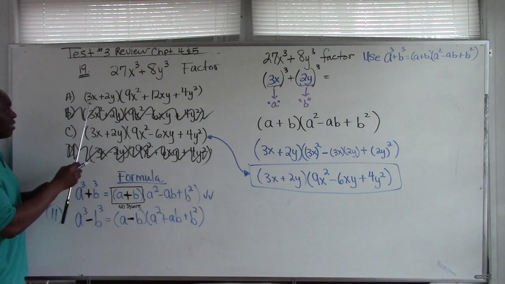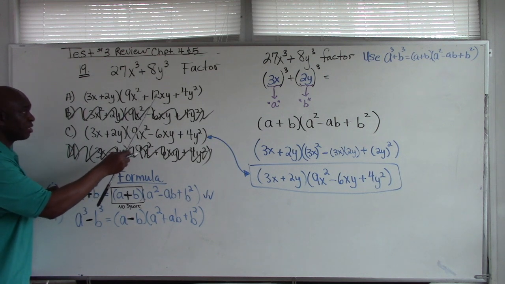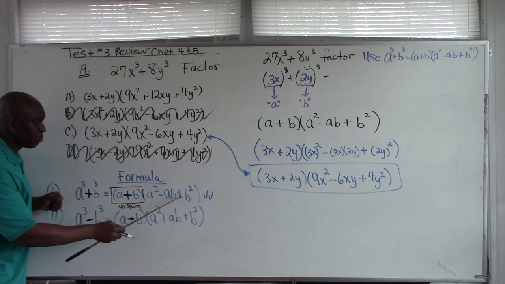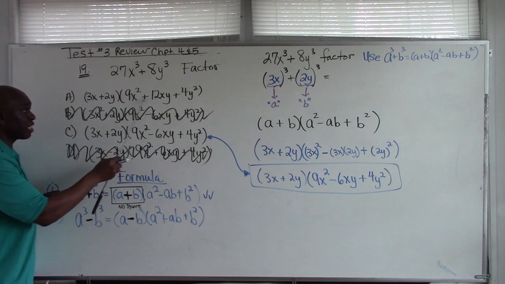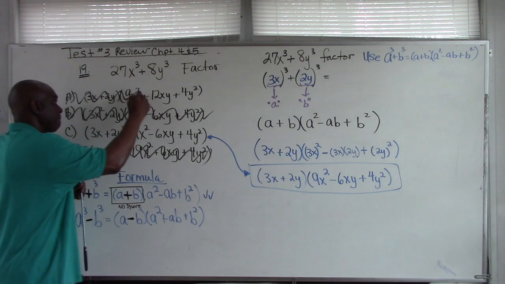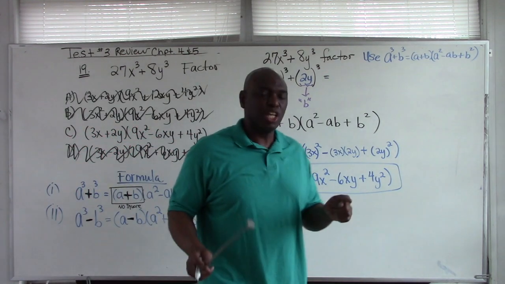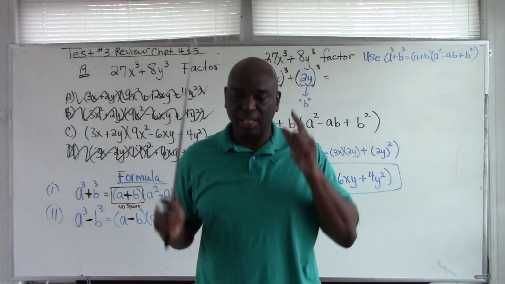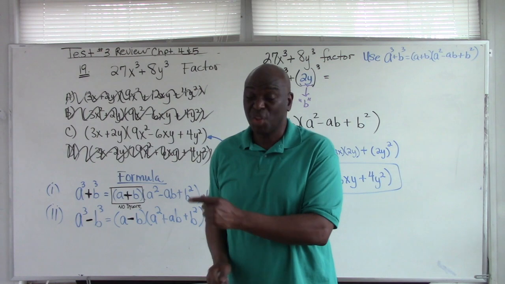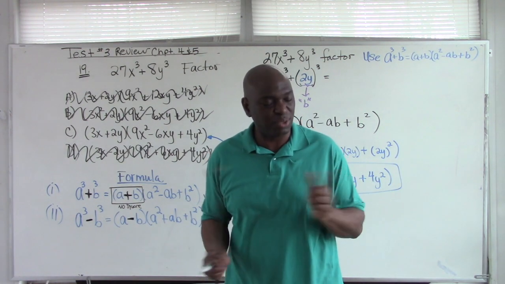Well, look at A. A goes plus, plus, plus. This pattern is plus, minus, plus. This is plus, plus, plus. This is also a no-go. So in actuality, you could have selected the correct answer to this problem without writing one thing, without doing no work.